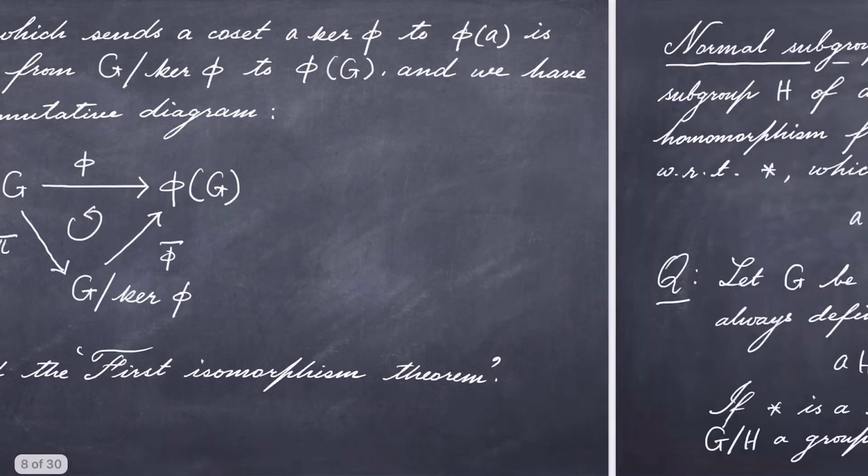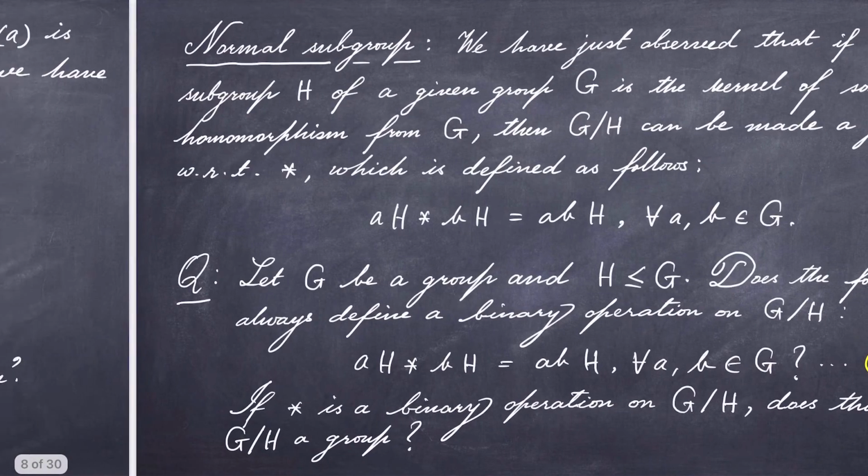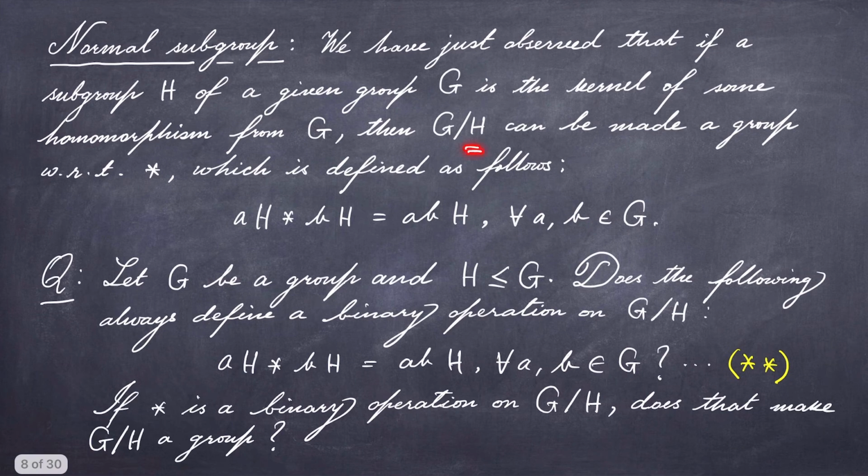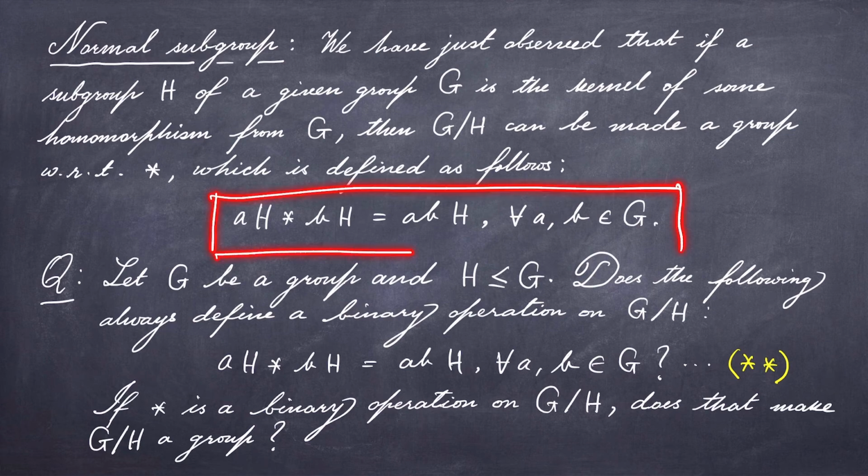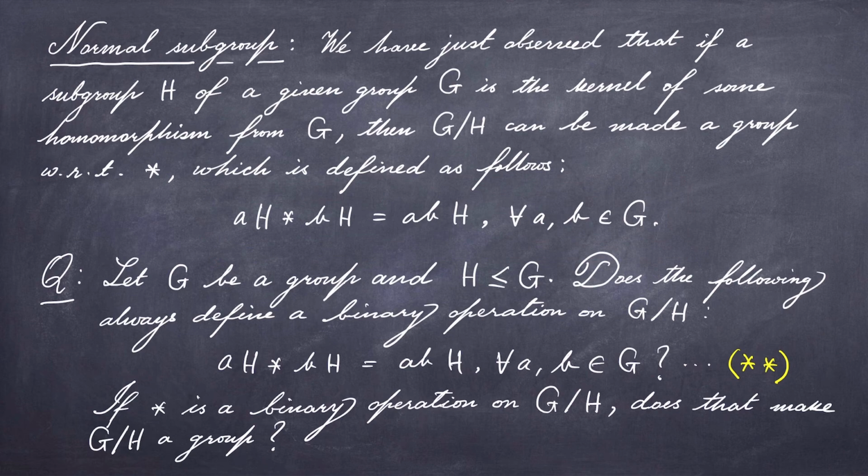If a given subgroup H of G is the kernel of some homomorphism from G to some other group, then the set of all left cosets, which is denoted by this symbol, forms a group with respect to star, which is defined like this. This is what we have just observed.